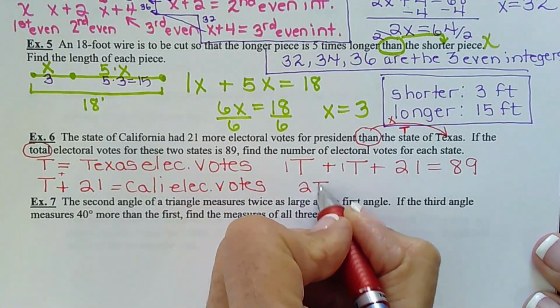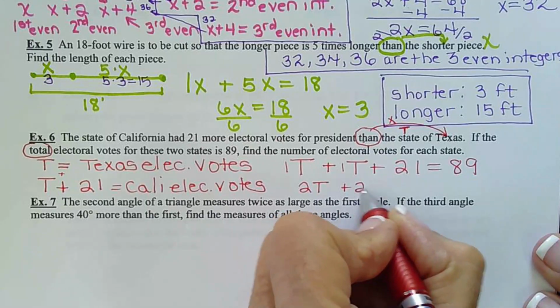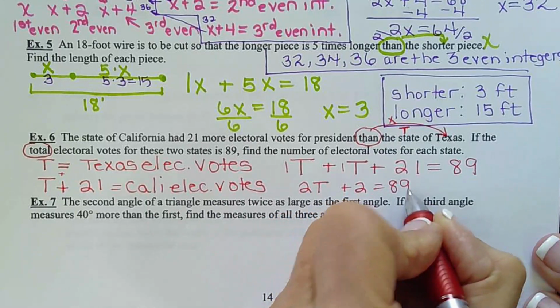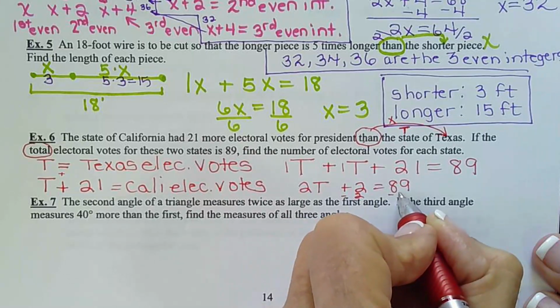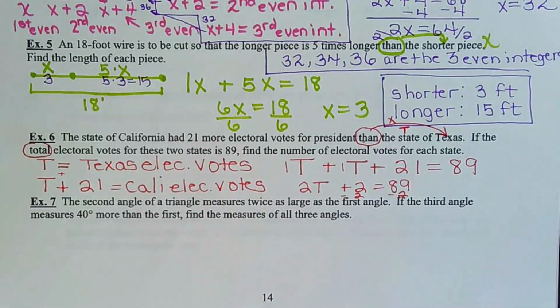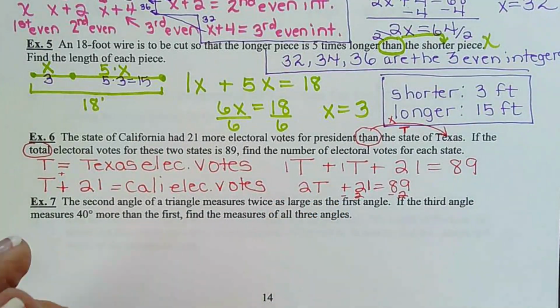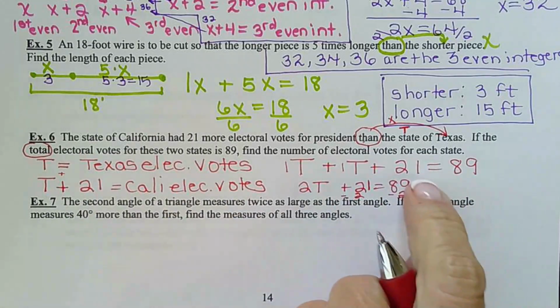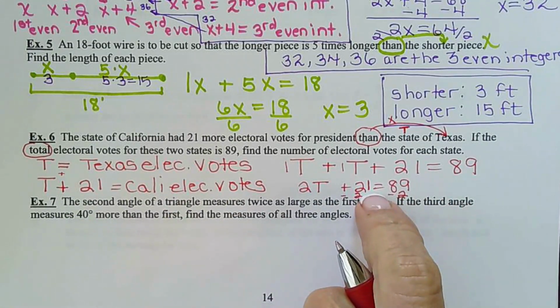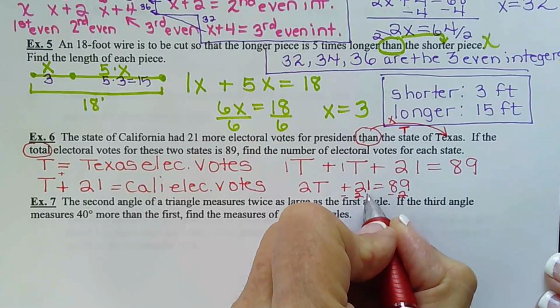So 2t plus 2 equals 89. Minus 2, minus 2. Okay, I don't like that one bit. Oh, that's why. Because I'm going, wait a minute, I'm going to get a decimal. I lost the 1 on 21. Now I'm not going to get a decimal.